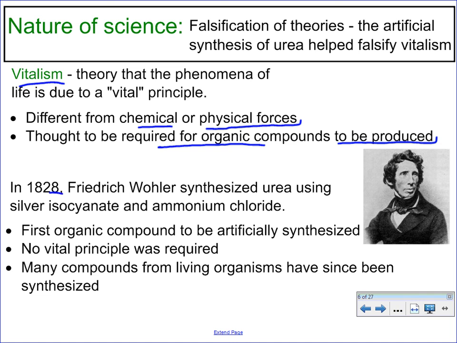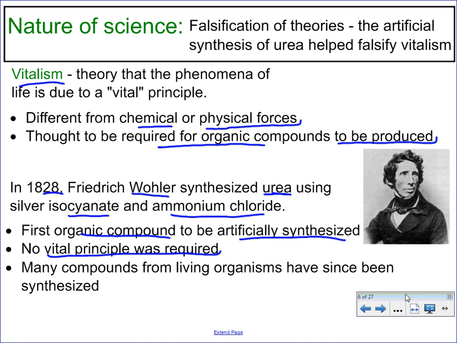However, in 1828, an individual by the name of Friedrich Wohler synthesized urea using silver isocyanate and ammonium chloride. The significance of this was that this was the first organic compound to be artificially synthesized. Wohler did this with no vital principle being required.